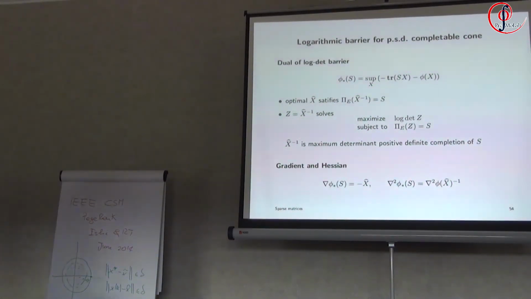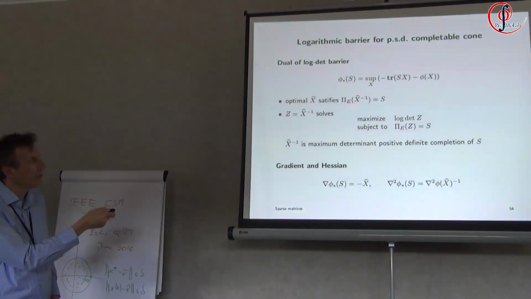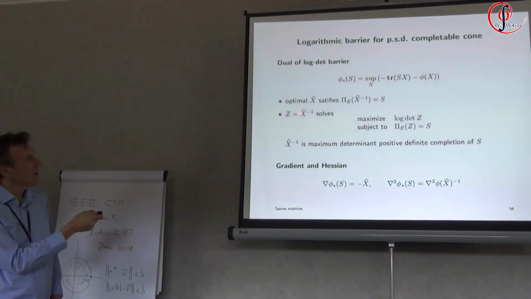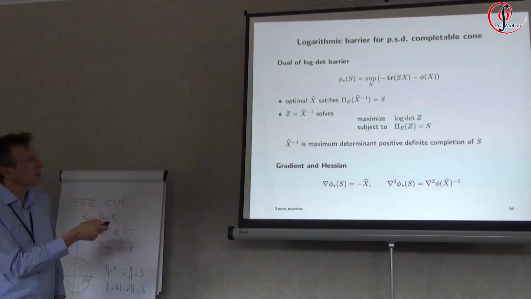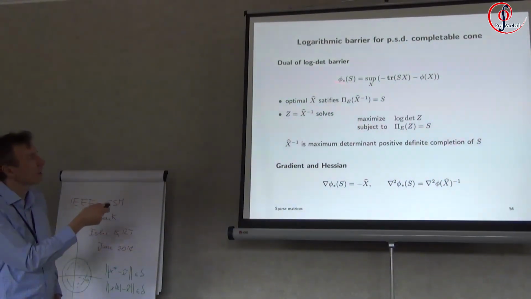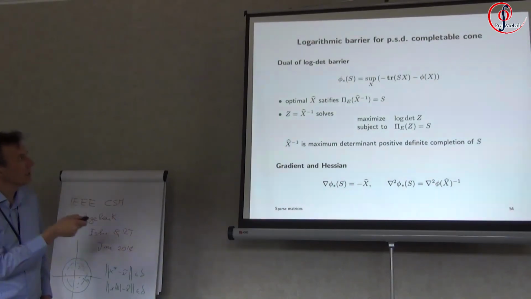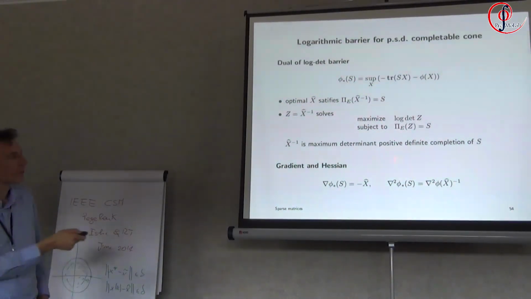And it also has a nice interpretation. This X hat, or actually X hat inverse, is the solution of this problem, which is actually the dual of this optimization problem. The inverse of this optimizing X is the maximum determinant positive definite completion of S. So you take a matrix S in the interior of the positive semi-definite completable cone.